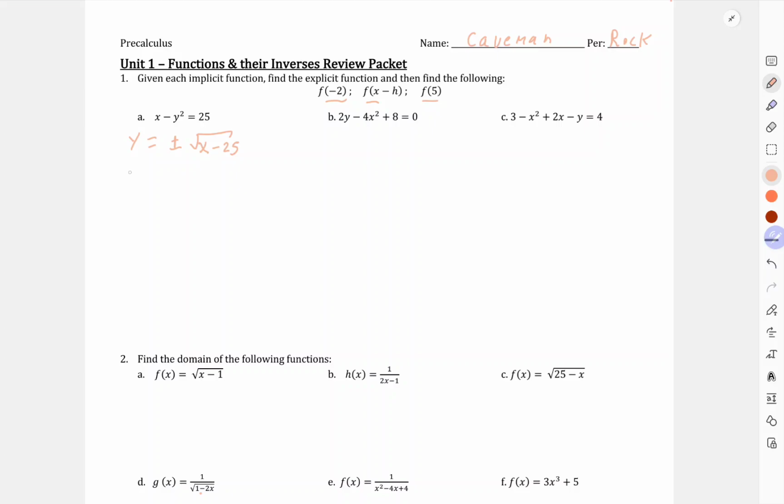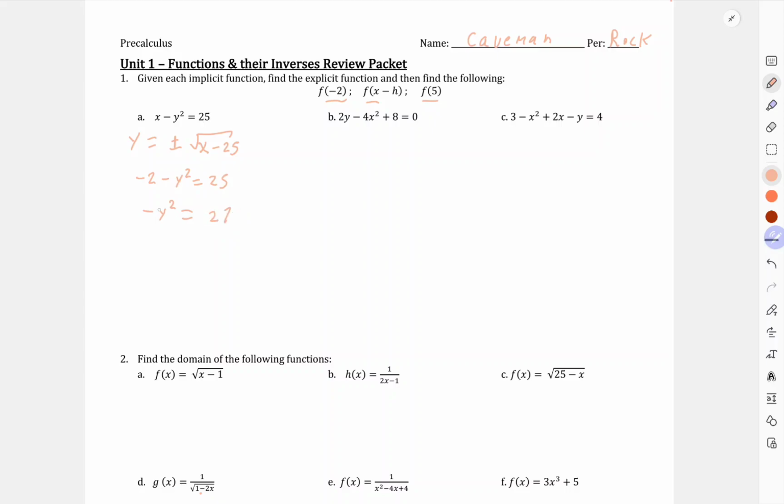The way we do this is, if you plug it in, you'll go like, okay, negative 2, we'll just do negative 2 minus y squared equals 25. If we do this, it's just negative, and then you bring this to the other side, so it's just 25 plus 2, right? And that becomes 27.